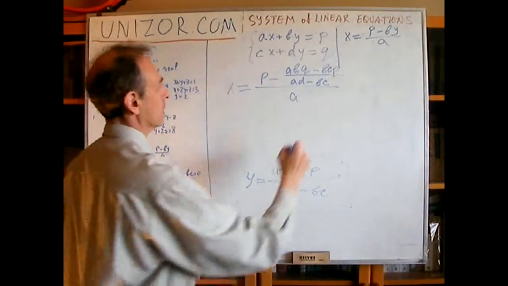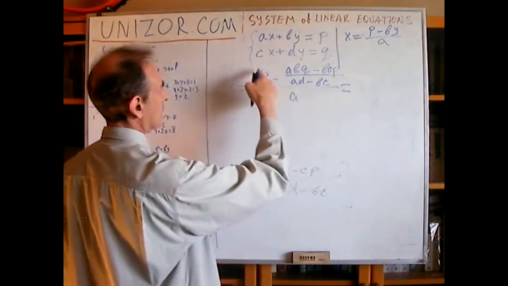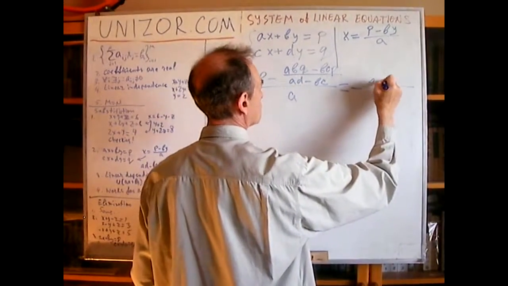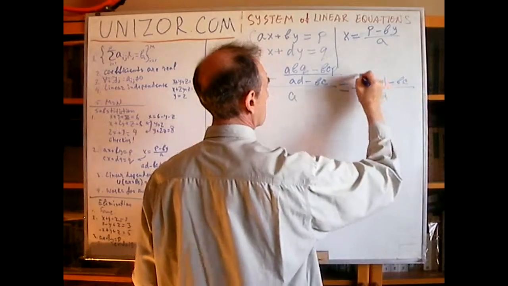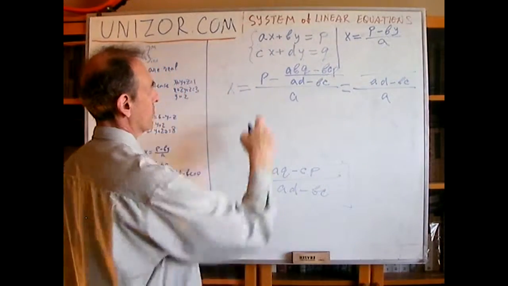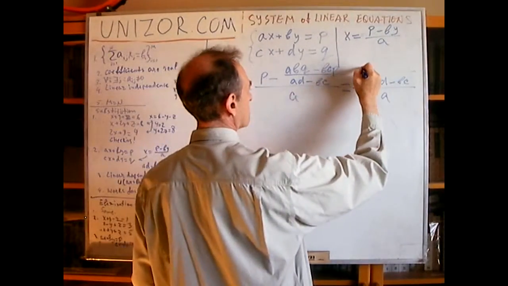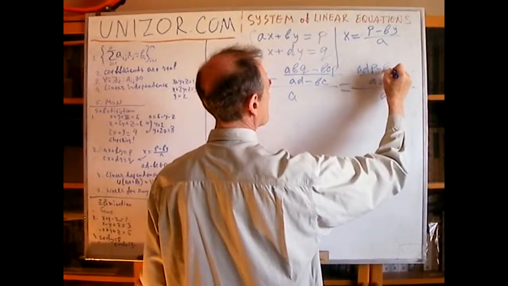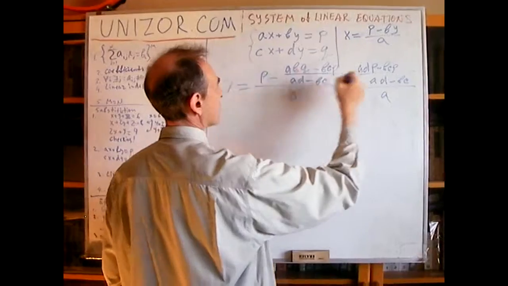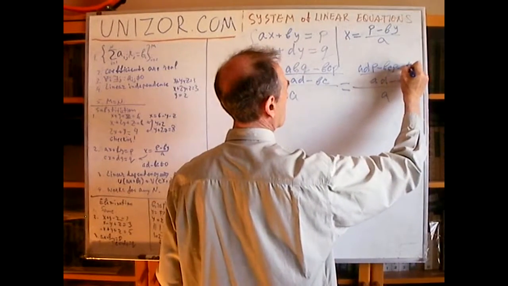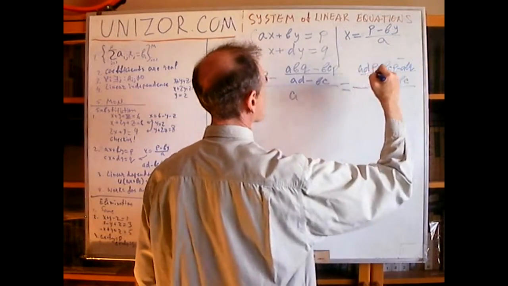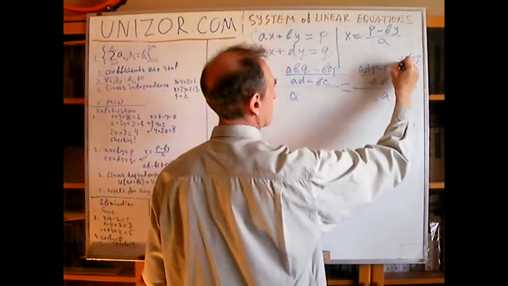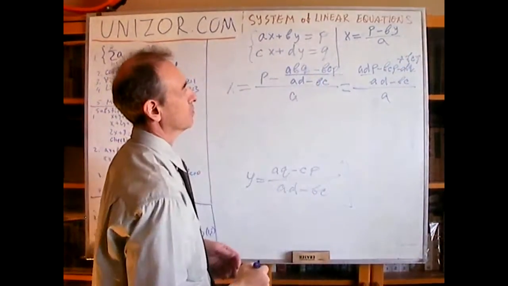All right, common denominator above, so it will be ad minus bc, p times ad, so it's adp minus bcp minus abq, and minus bcp, plus bcp, minus and minus would be plus.